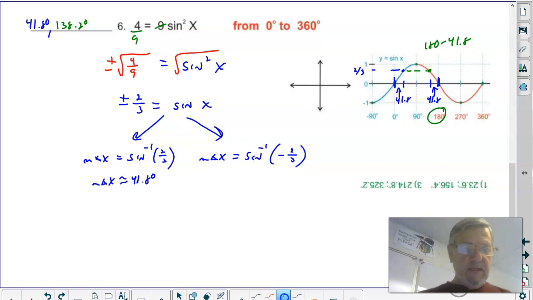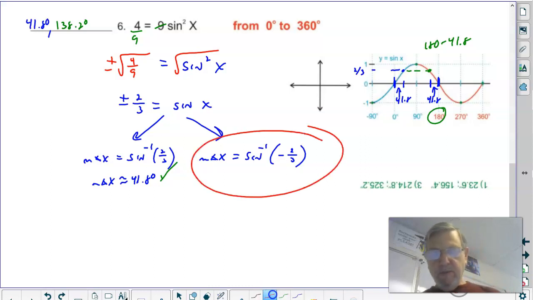All right, we've taken care of the first one. Now we need to come back in and deal with the second one. So now when you punch in 2/3 and do negative, and then of course sine to the negative 1, you get this angle x is approximately negative 41.8 degrees.